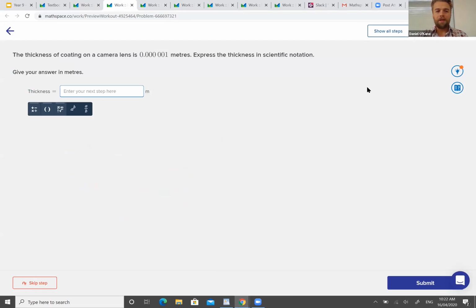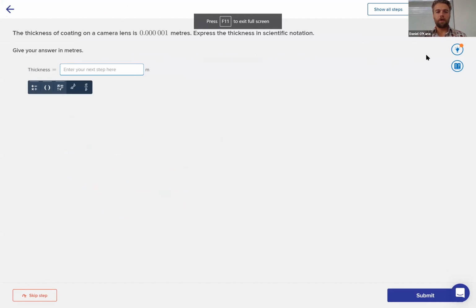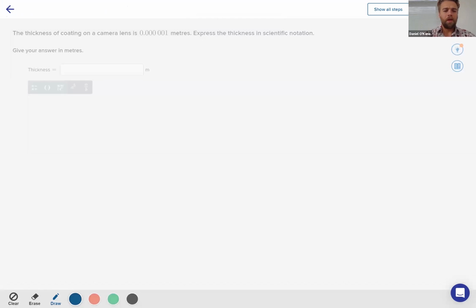Okay, going to the next problem. The thickness of coating on a camera lens is 0.000001 meters. Express the thickness in scientific notation. So looking at 0.000001, I can see this decimal place.